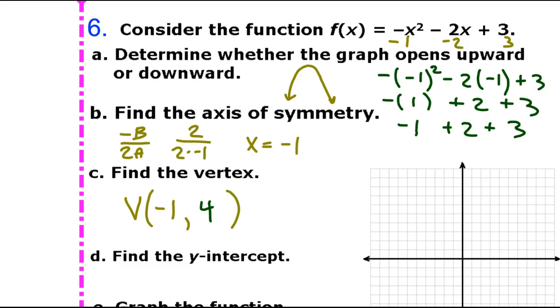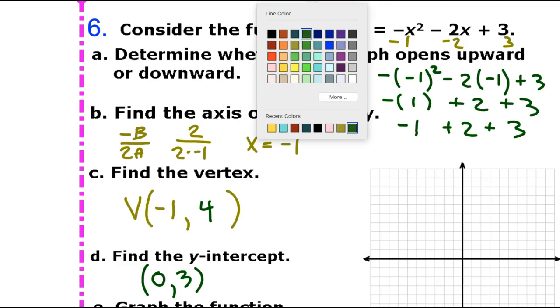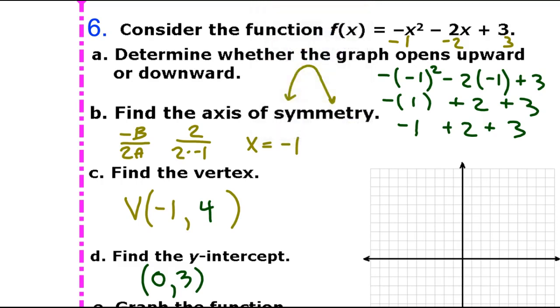Okay, the y-intercept is going to be the constant term 3, so that's going to be (0, 3). Let's sketch a graph. x equals negative 1, that's my axis of symmetry.